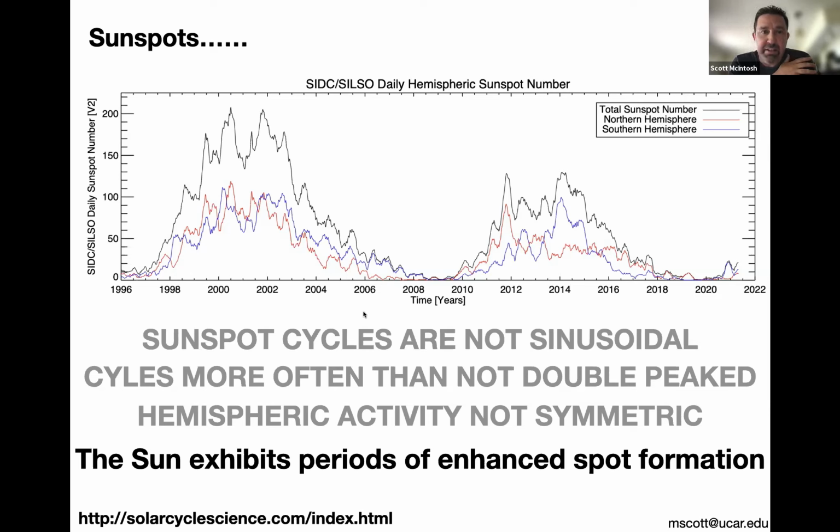You can see that in this figure, where the black curve is the total sunspot number, and red and blue are the hemispheres, which I told you are not in phase with one another. But you also get to see that there are fairly significant surges of sunspot formation in the sun over the course of about 11 months.